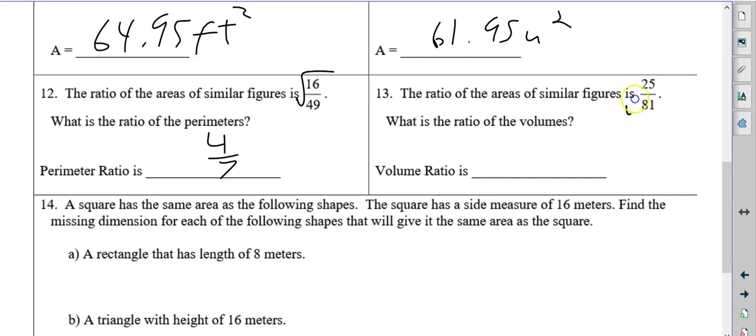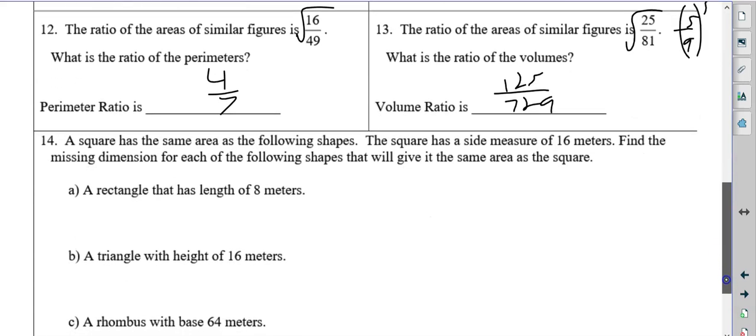Well, first we need to find the perimeter, the regular ratio, so that'd be 5/9, and then we need to cube that, which would be 125/729. So we have to work backwards and then skip to cube forwards.